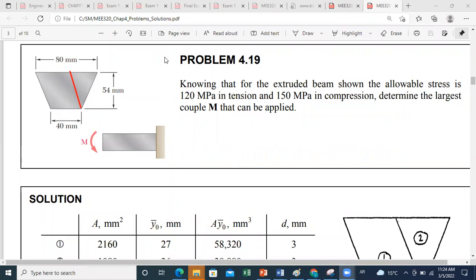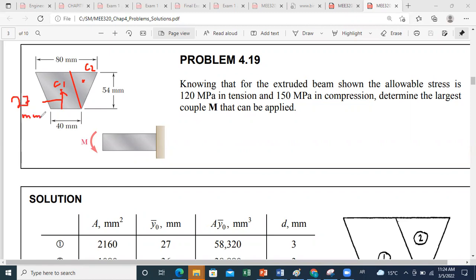So you know that for part one, the centroid is here. So this is the centroid C1 of part one. And for the triangle, this is C2. Now, we know that C1 is the intersection of diagonals. And of course, the height of C1 will be equal to 54 over 2, so this is 27 millimeters.